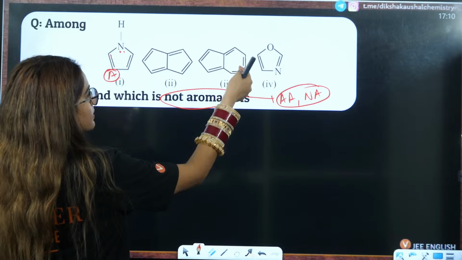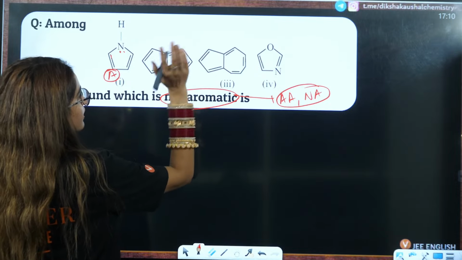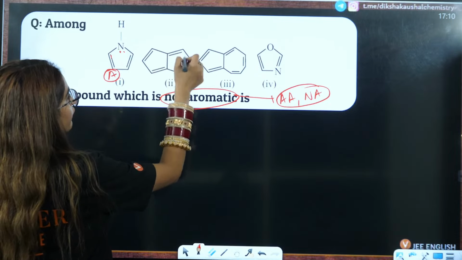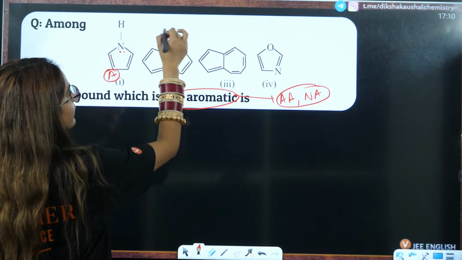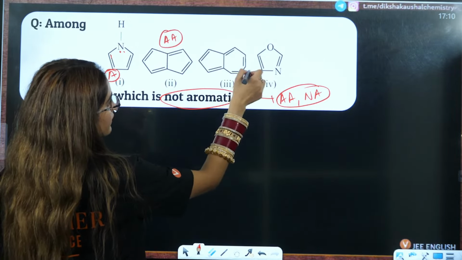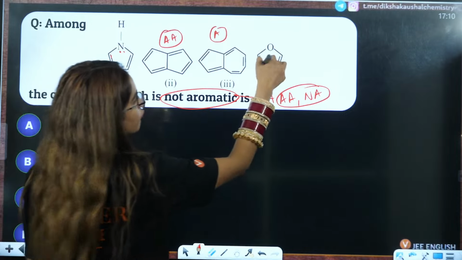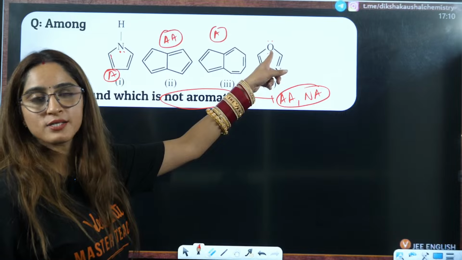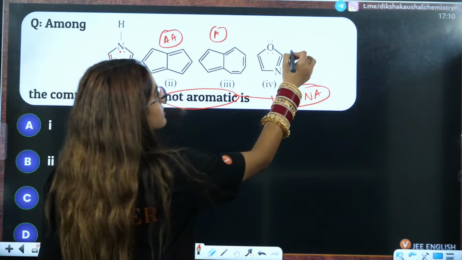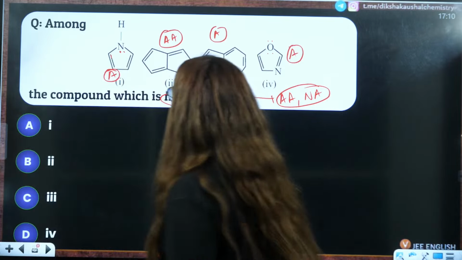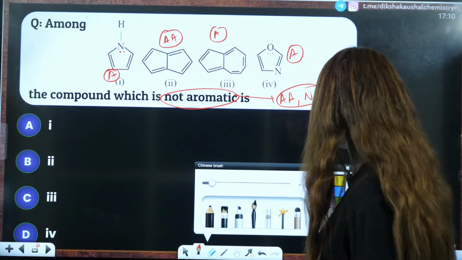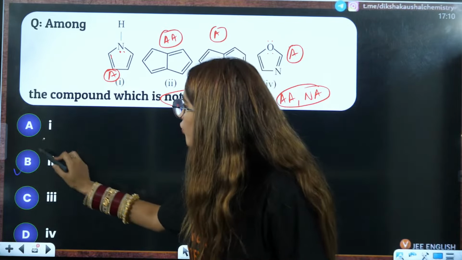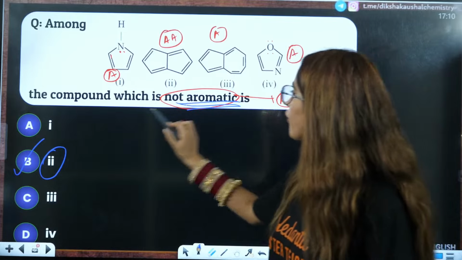Okay, complete conjugation, 1, 2, 3, 4, 5, 6, 7, 8. Anti-aromatic. This is 1, 2, 3, 4, 5, 6, 7, 8, 9, 10. Aromatic. 1, 2, 3, 4, 5, 6. Only these lone pairs are involved in the conjugation, so it is aromatic. So you have only one anti-aromatic here, that is 2, which is going to be under the category of not aromatic.